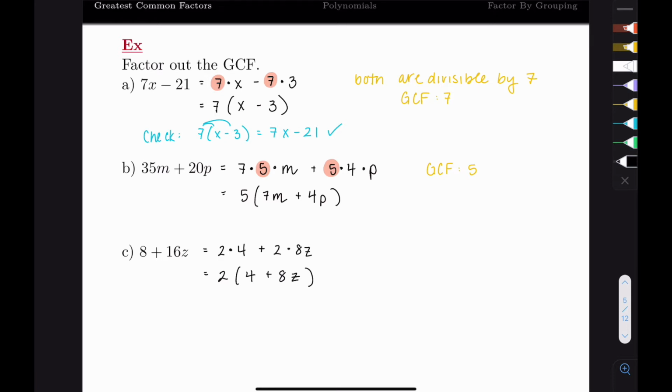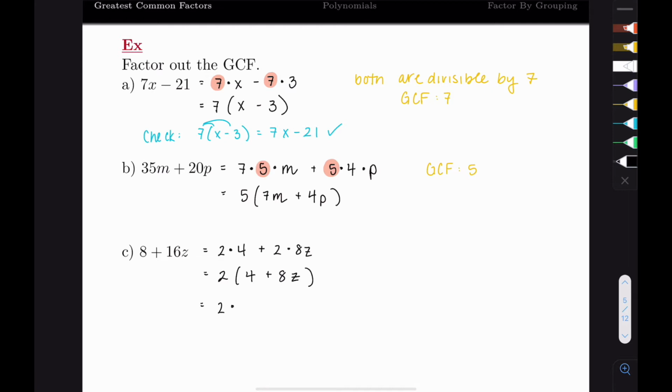Okay. So the problem is, though, I haven't taken out everything, because looking at these two remaining pieces, they're still both divisible by 2, and really they're actually both divisible by 4. So maybe now at this point I notice, oh, okay, there's still something that's in common to both of them.